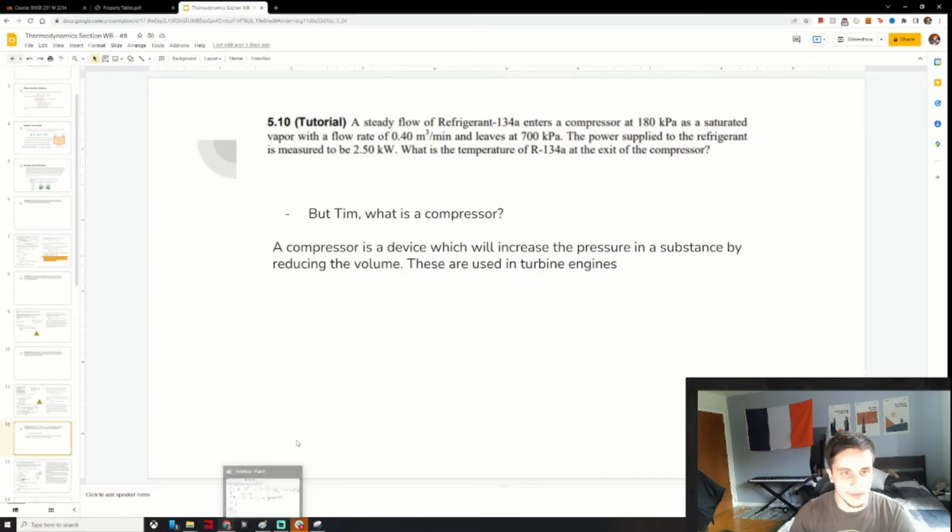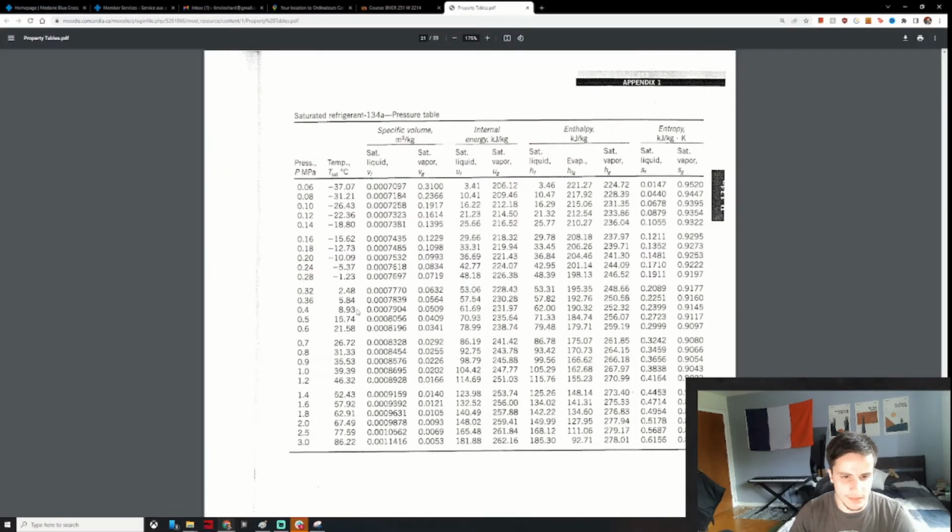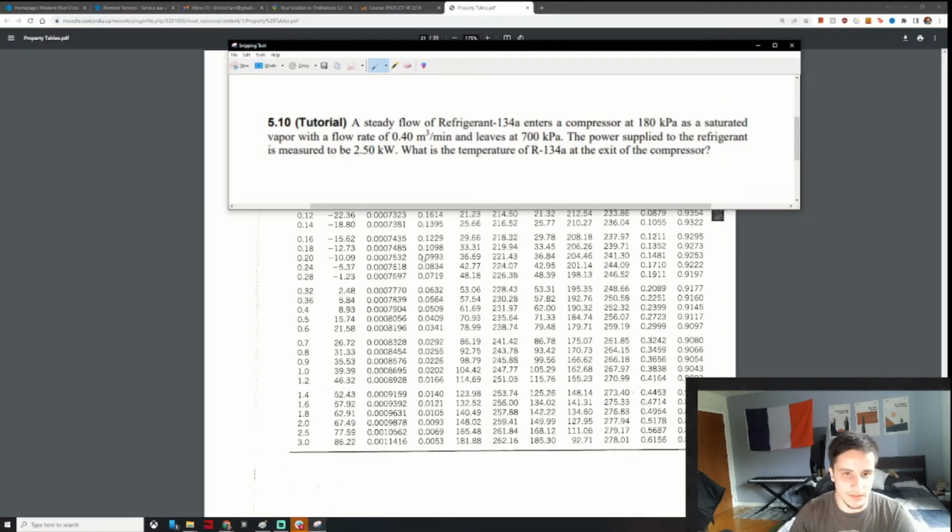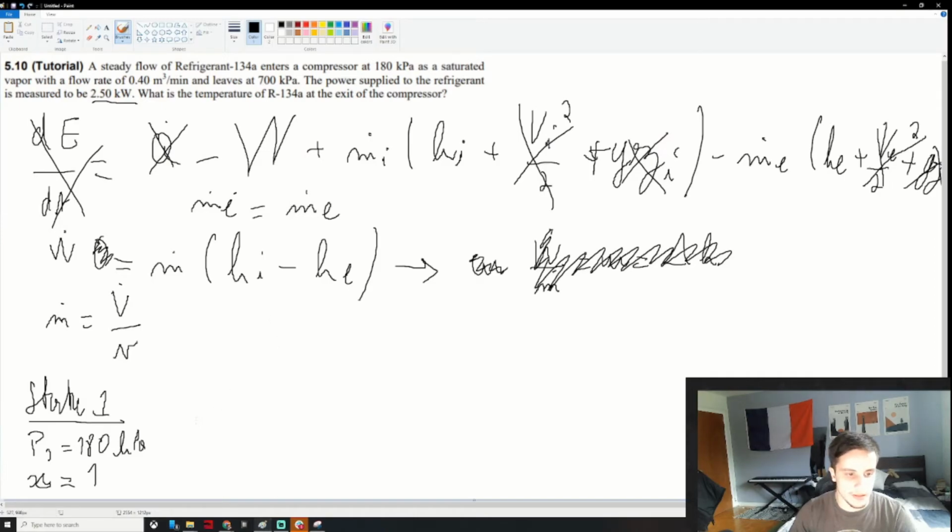Just so I can remember, it's not 0.11 but 0.1098 meters cubed per kilogram. It's very close. And so we plug everything in.